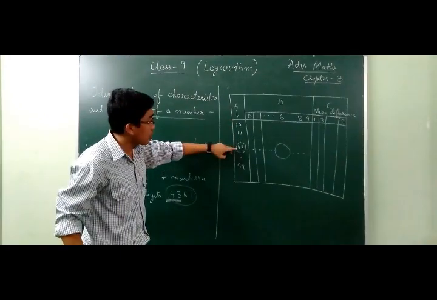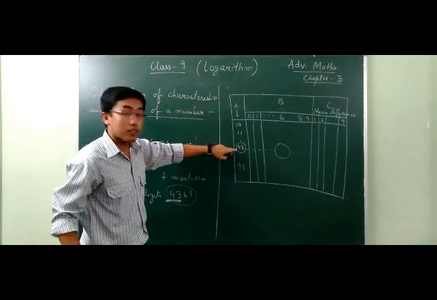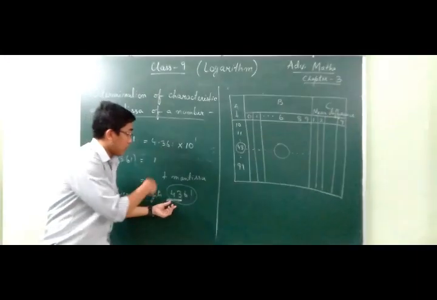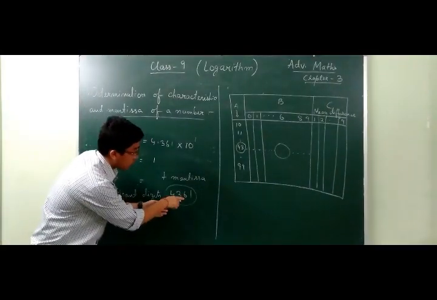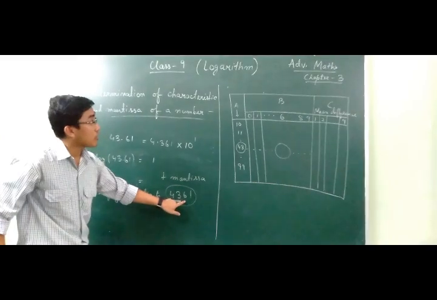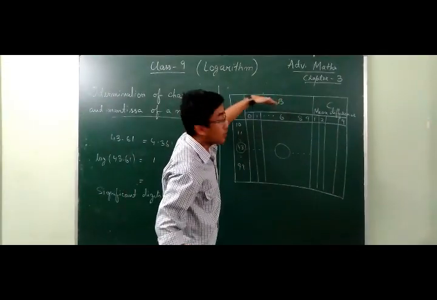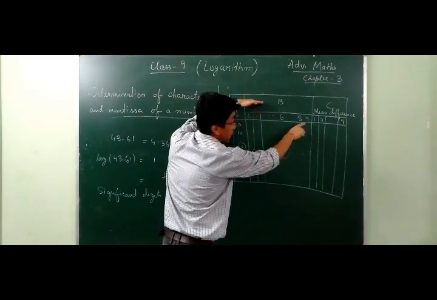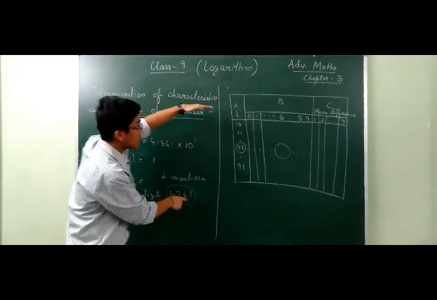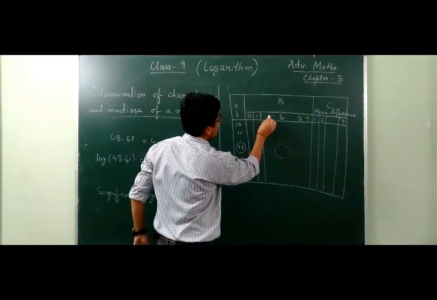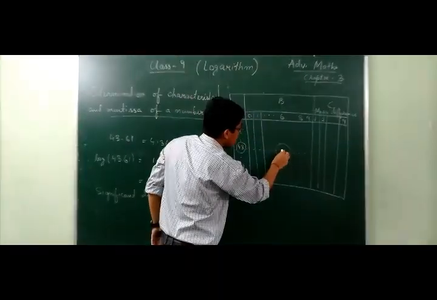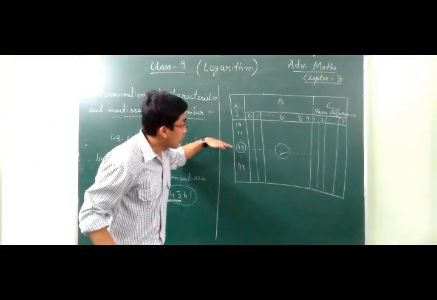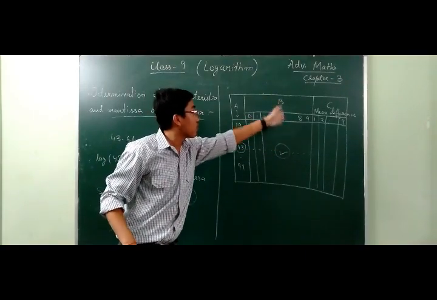You keep going and at the 43rd row you stop. This is my 43. Next, after 43 we have 6 here. So this is the B, and in B I have ones from 0 to 9. So I go 0, 1, 2, 3, 4, 5, 6, and I check the corresponding number of the 43rd row and 6th column.